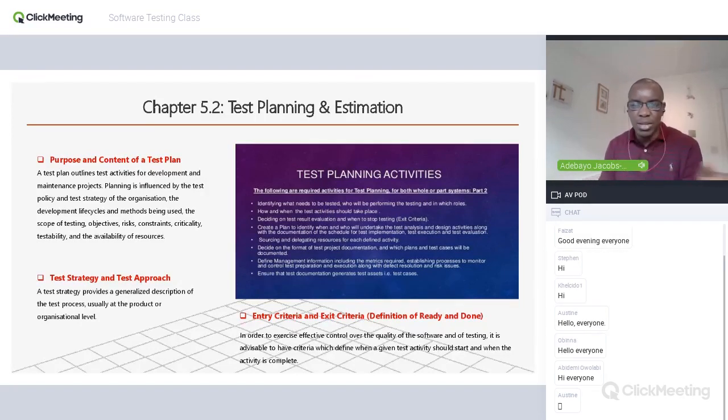Okay. Now, exit criteria is the opposite of it. Exit criteria basically means before we can say to anyone that we have completed testing, we, as the test team, as the testers, must have met the following conditions. I'll say that again.